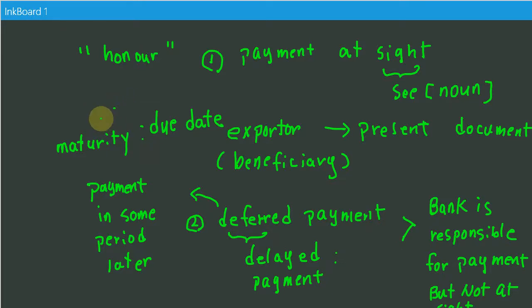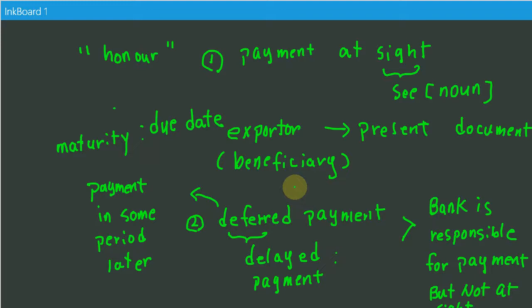Later on, in some time, the payment will be implemented. We call this method deferred payment. So we have distinguished payment at sight and deferred payment.